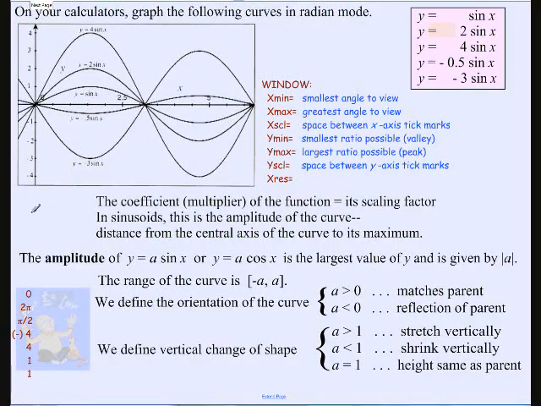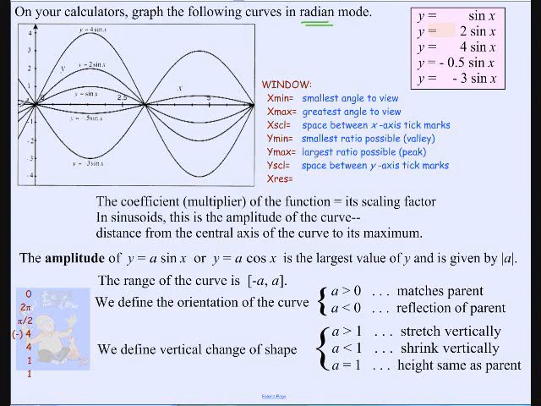Okay, this is right in your book. On your calculators, you want to graph the following curves in, please, radian mode. Now you're going to set your window so that x min is the smallest angle you want to view, which if we're looking at this, it's kind of hard to tell. It's set to radian, so put your mode to radian.